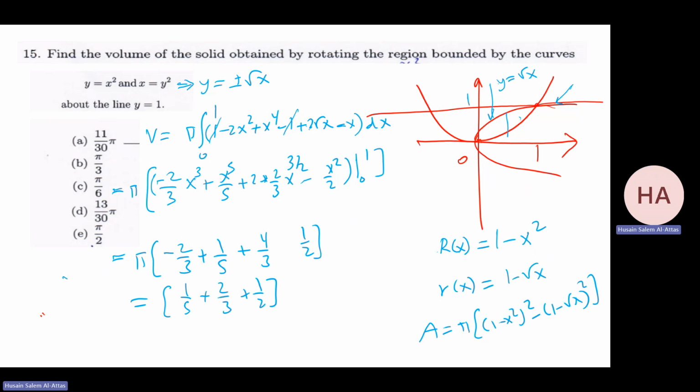This is minus, this is minus. Don't forget the pi. So that will be pi over 30 times 6 plus 20 minus 15. So that gives me 11 pi over 30, which is this.